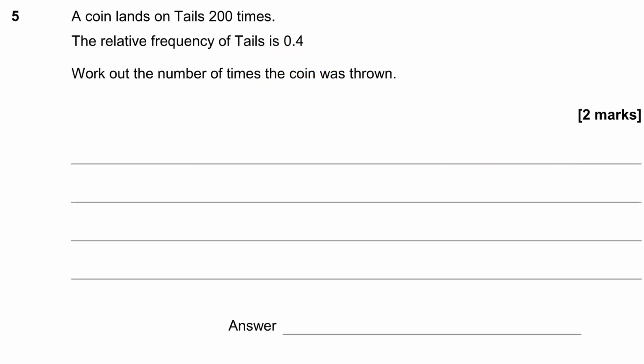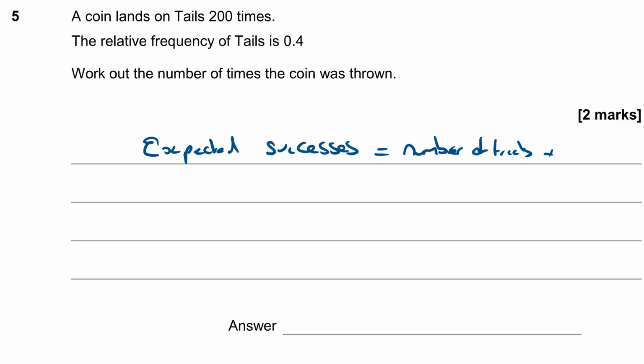Question 5. A coin lands on tails 200 times. The relative frequency of tails is 0.4. Work out the number of times the coin was thrown. Okay, now we can use the fact that expected number of successes is going to be the number of trials times the relative frequency.